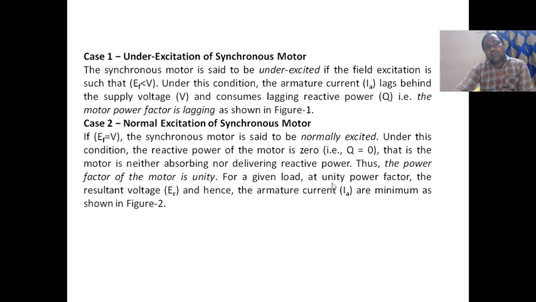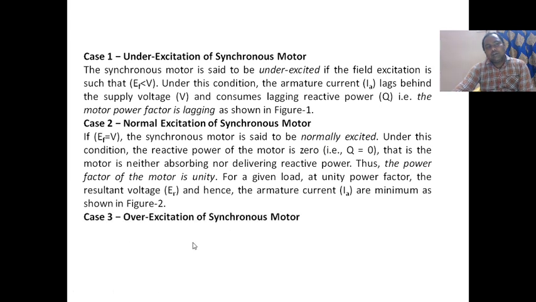For a given load at unity power factor, the resultant voltage and hence the armature current is minimum. In case 1, under excitation, the motor consumes reactive power. In normal excitation, Q is equal to 0.